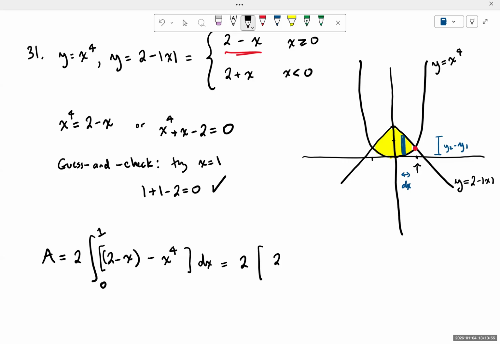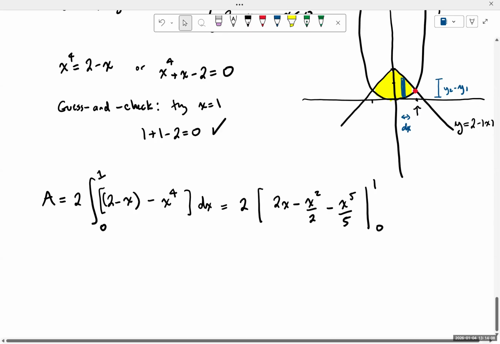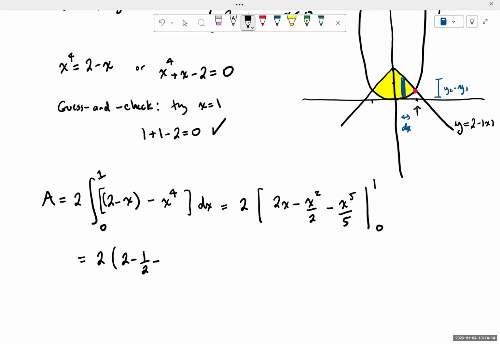This is 2x minus x squared over 2 minus x to the 5 over 5, evaluated from 0 to 1. So this would be 2 minus 1/2 minus 1/5.